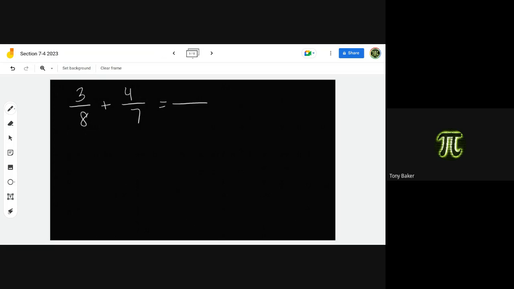I need a common denominator, right? So my common denominator is going to be 8 times 7, correct? And that would be 56. And then I'd multiply the 3 times the 7 and the 4 times the 8, correct? And then I would do that and put them together. So in this case, it'd be 56. 21 plus 32 is 53. Everybody vaguely remember doing that back in probably middle school or even like 6th grade?